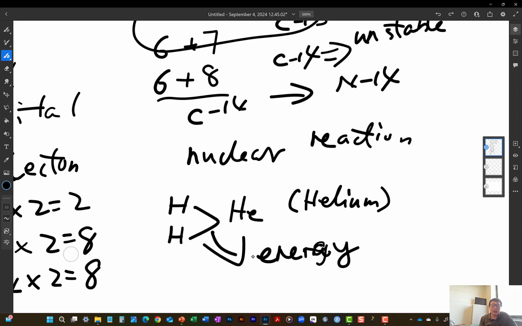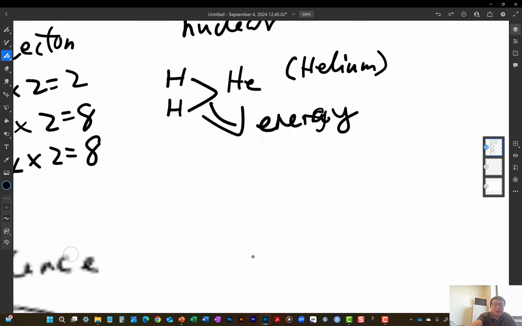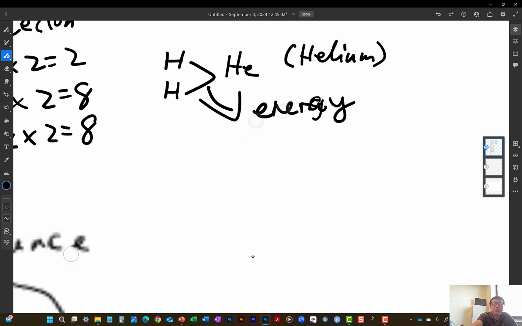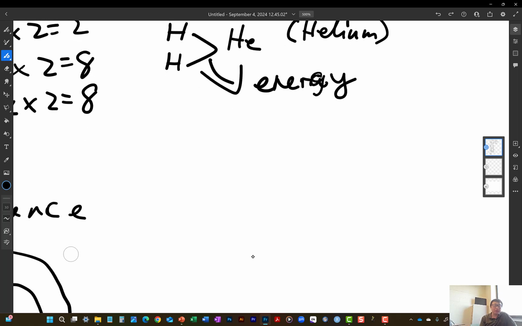And what kind of things can you get from the sun? Most of what we get from the sun is visible light. But what's the nature of light?